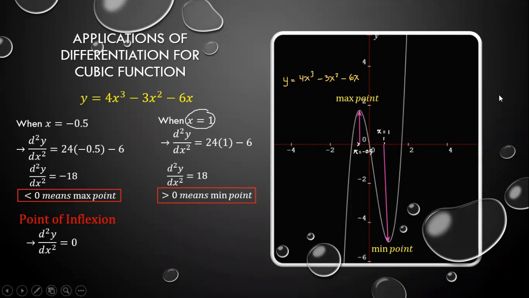Point of inflection will be satisfied when d2y over dx squared equals 0. These are the requirements for the point of inflection. So d2y over dx squared equals 24x minus 6 equals 0. We found that x is 0.25.